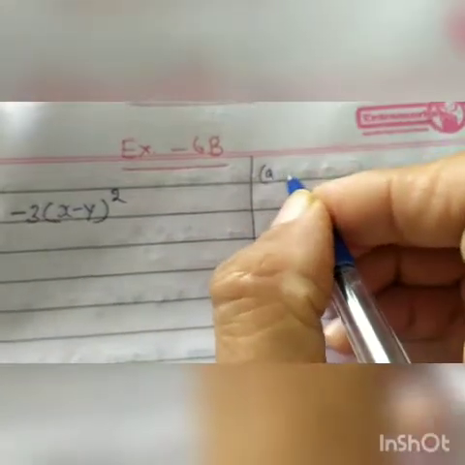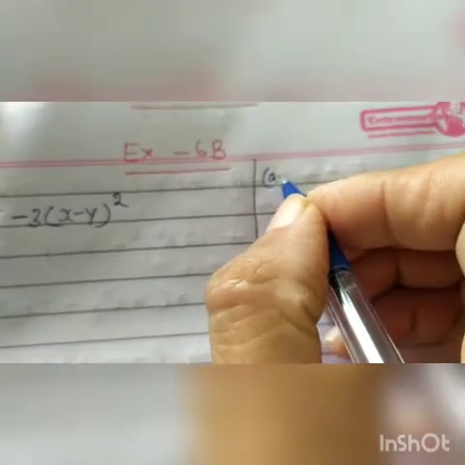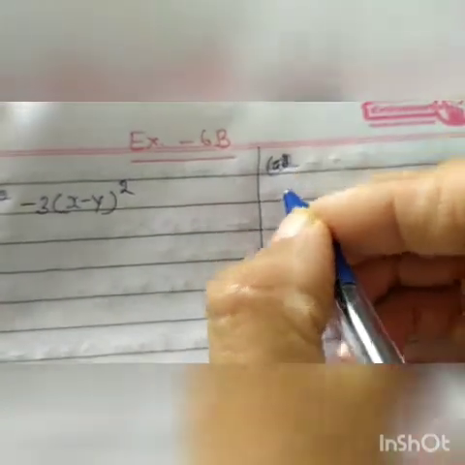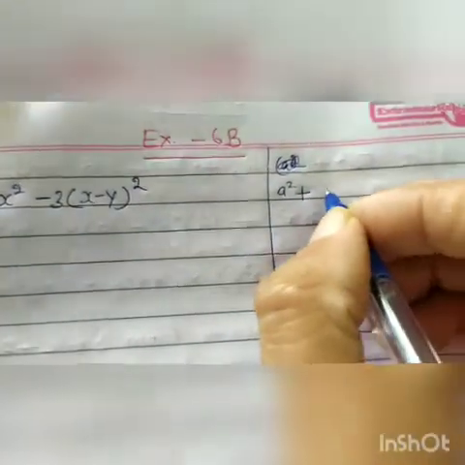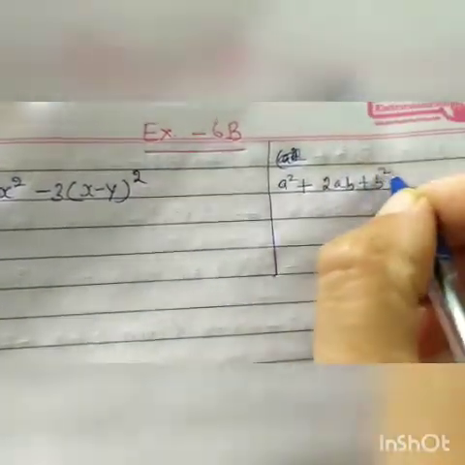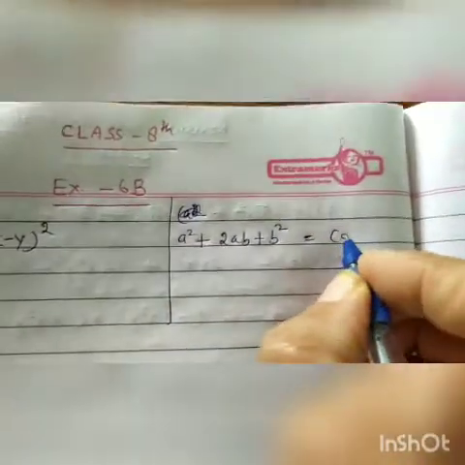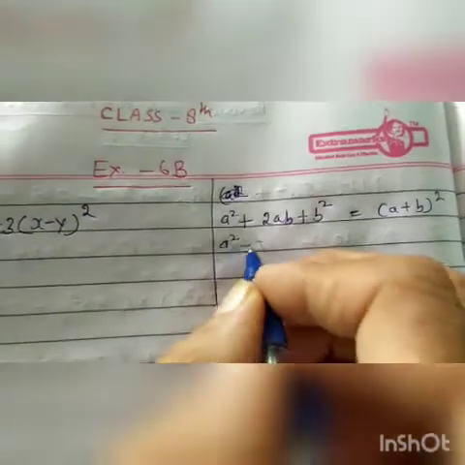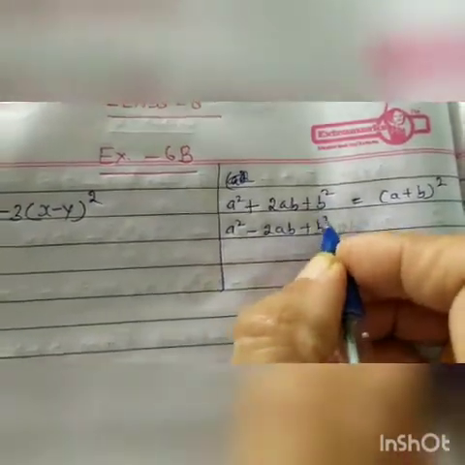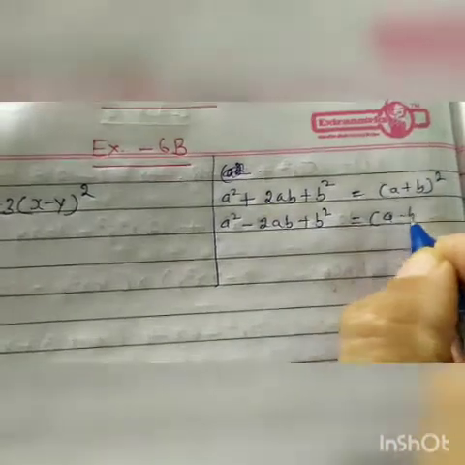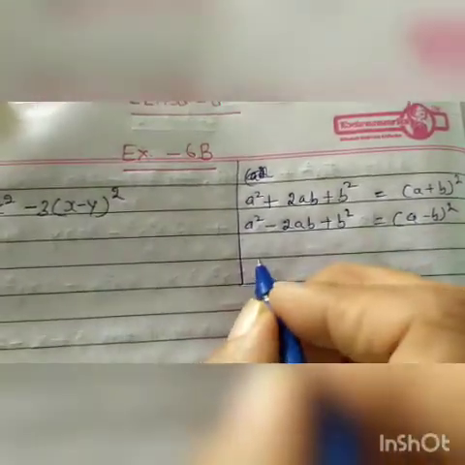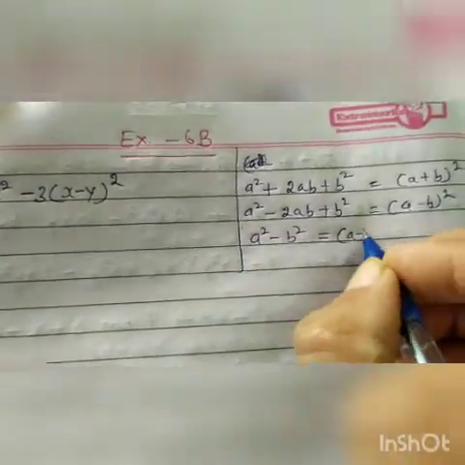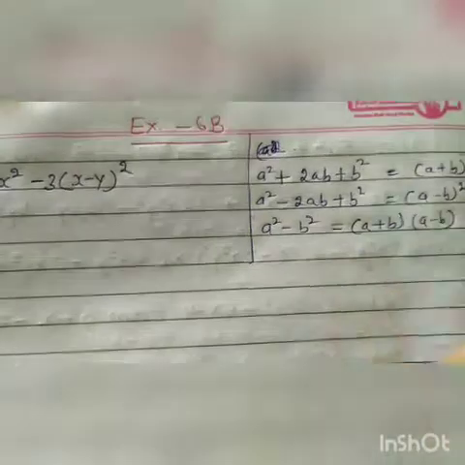First identity was for factorization: a square plus 2ab plus b square is equal to a plus b whole square. Second identity was a square minus 2ab plus b square is equal to a minus b whole square. And third one was a square minus b square is equal to a plus b, a minus b.